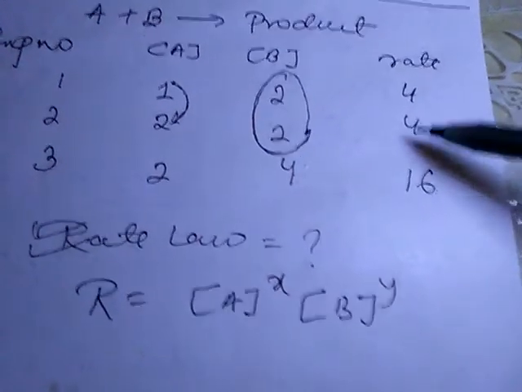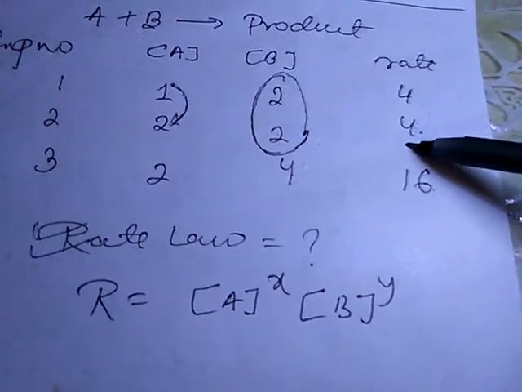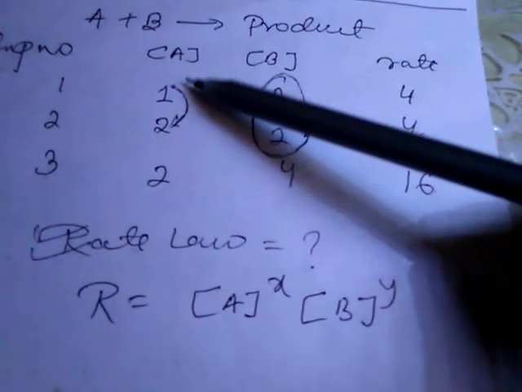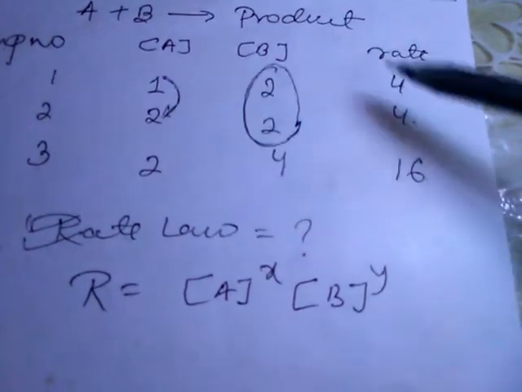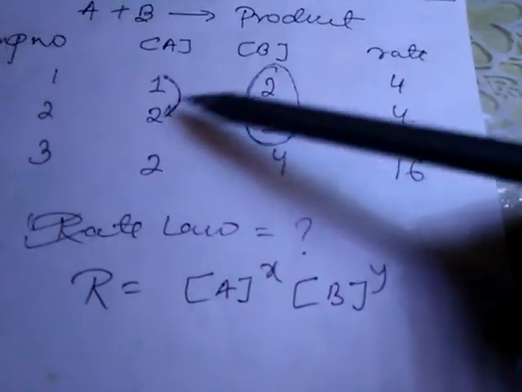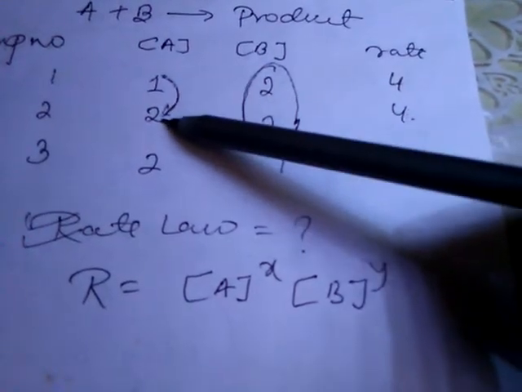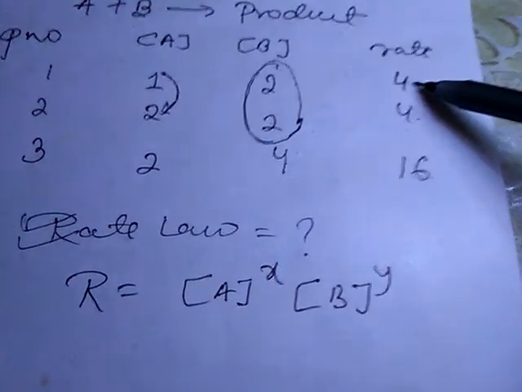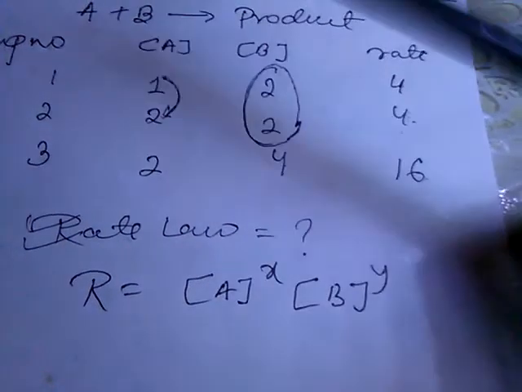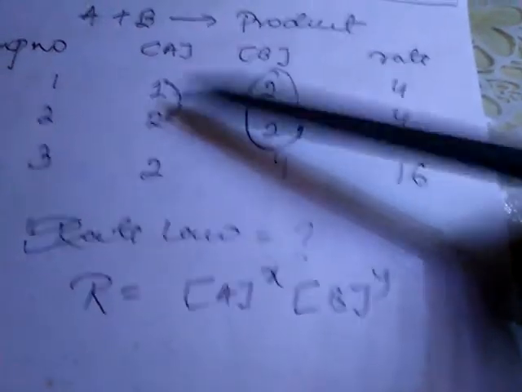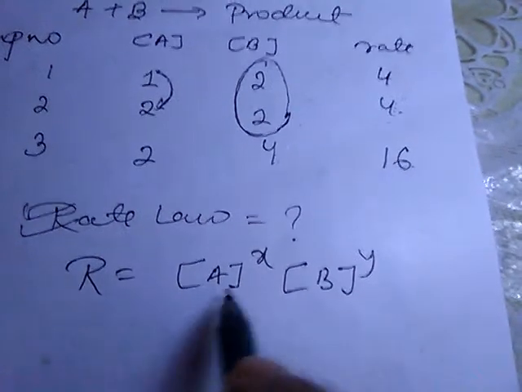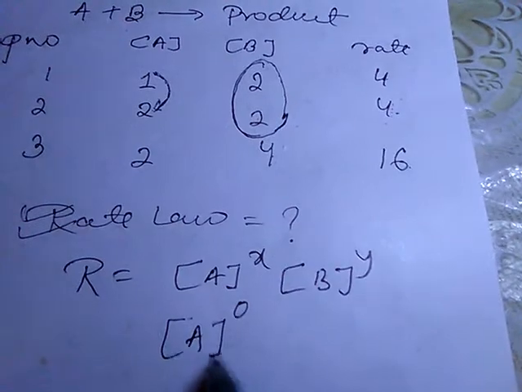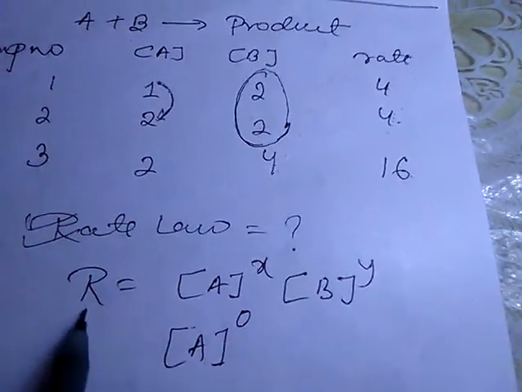Initially it was 4. Further, we checked for it. It remains 4. So we can say that the change of concentration of A doesn't affect the rate of reaction. So for the rate law, here x will become 0, showing that its concentration doesn't affect the rate of reaction.